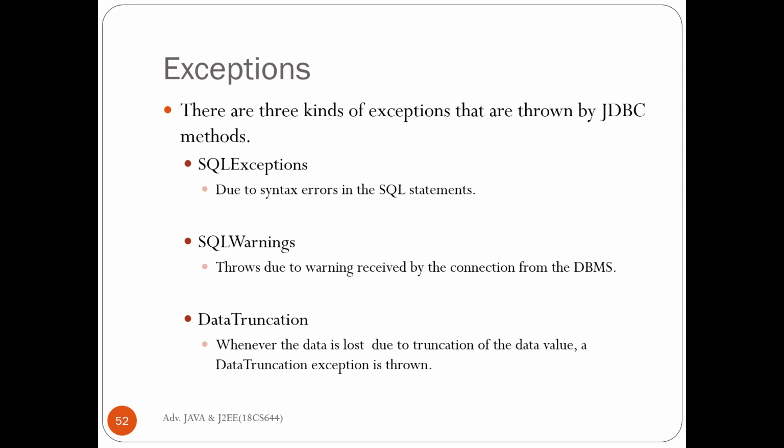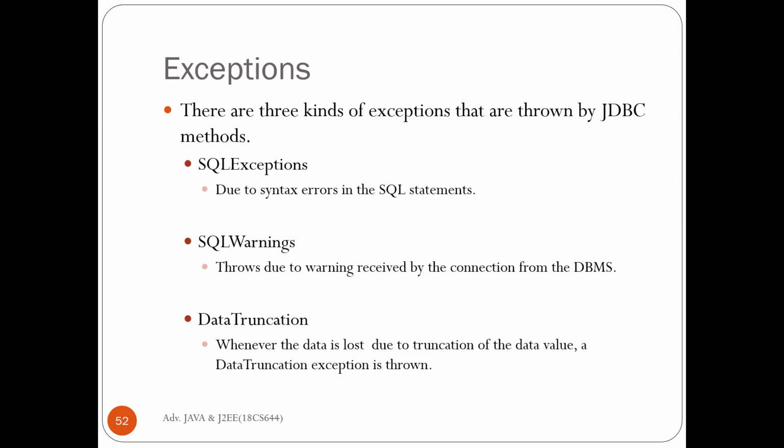Data truncation exception is raised whenever data is lost. Truncation means a part of the data is lost. Whenever data is lost due to truncation of a data value, then the data truncation exception is thrown. So why is it lost?